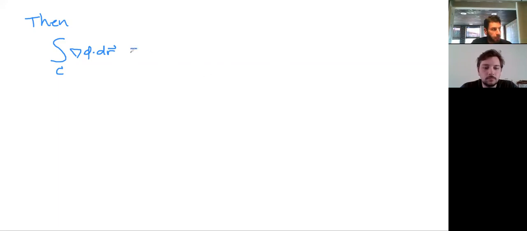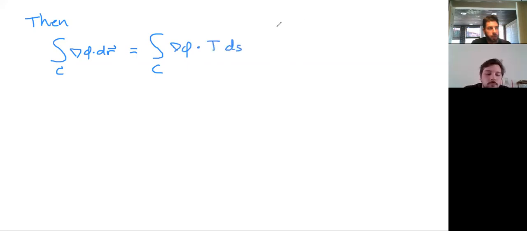Another way of writing this is the integral over C of the gradient of phi dot T ds.